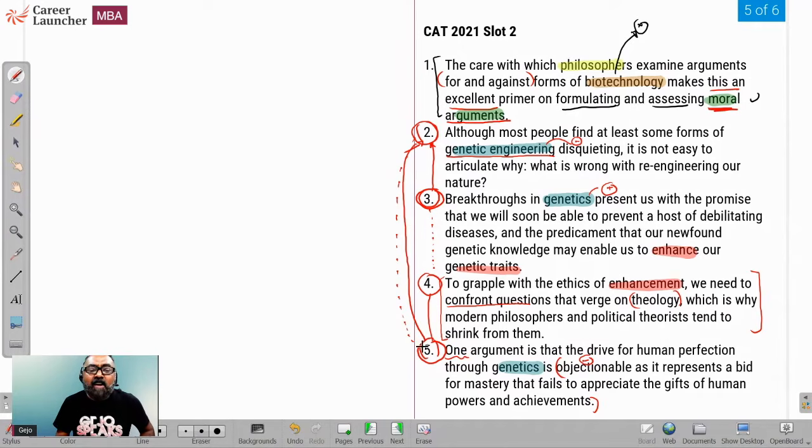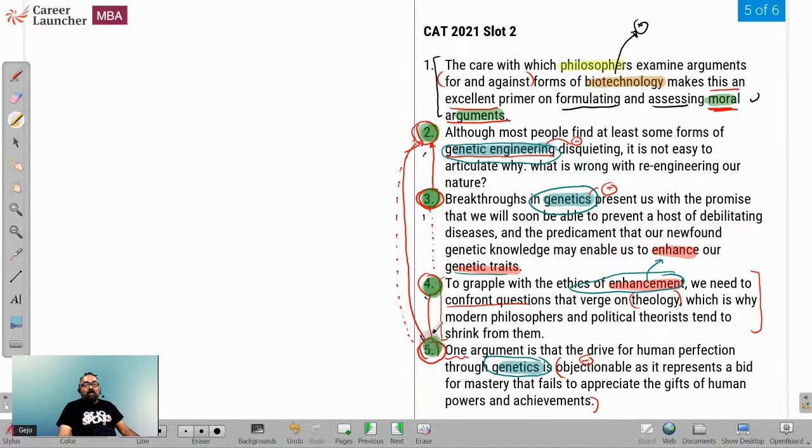But none of sentences 5, 4, 3, or 2 is addressing creation or assessment of moral arguments. It is talking about the issues within genetics, ethics around genetics, genetic engineering, enhancement. So ethics of enhancement, and enhancement could be there to enhance our genetic trait. So we've got genetics is objectionable. So it's sort of debates around genetics. It's probably very difficult to figure out what the exact flow is. We don't have to do that when it comes to odd sentence, and then maybe you can say that one is odd.